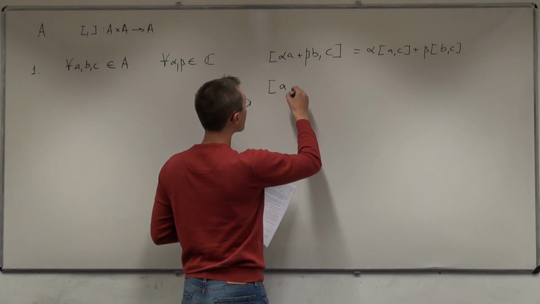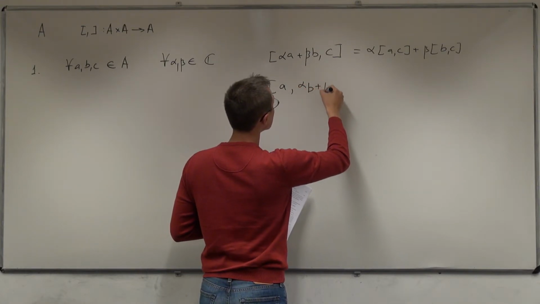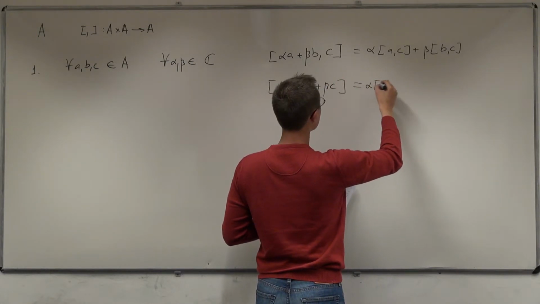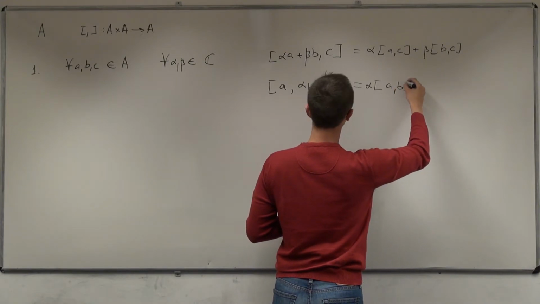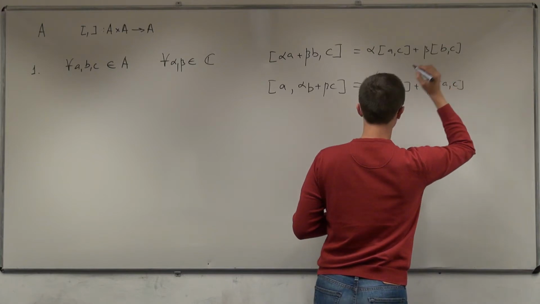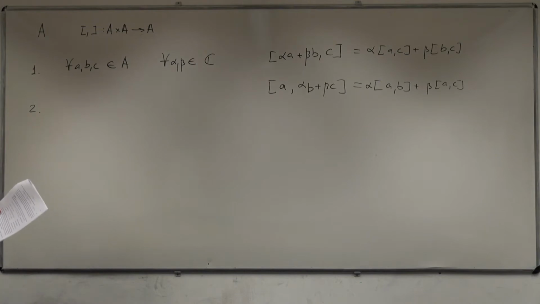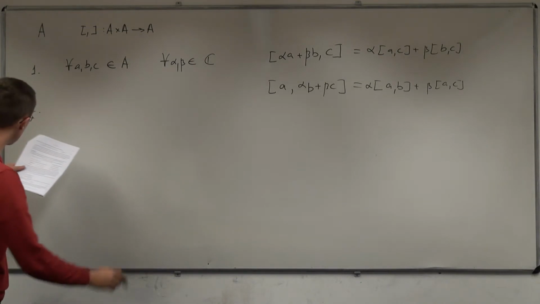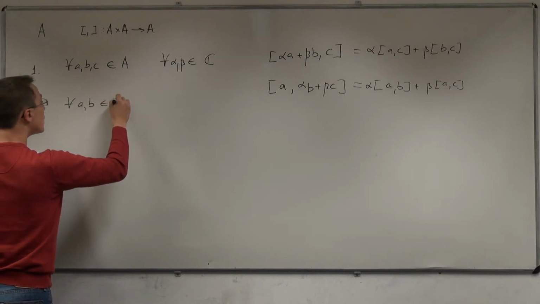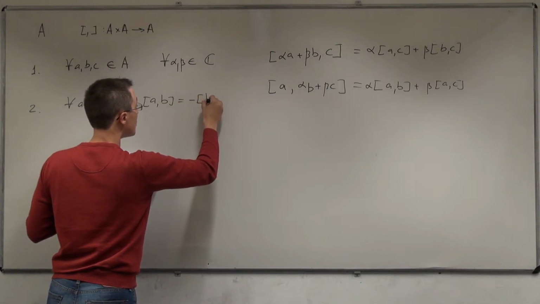So bracket of A with alpha B plus beta C must be equal to alpha bracket A B plus beta bracket A C. The second condition, and this is where it becomes different from the ordinary product, is the bracket is antisymmetric. That is, for any A and B in A, bracket A B must be minus bracket B A.